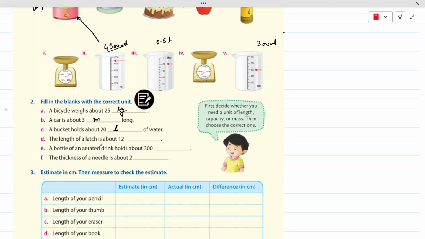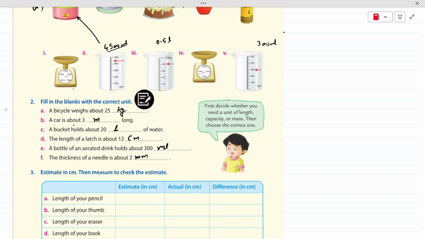The length of a latch is about this. Kids, we can call a latch a door handle, so this is in centimeters. A bottle of an aerated drink holds about 300 milliliters. The thickness of a needle is about 2 millimeters.